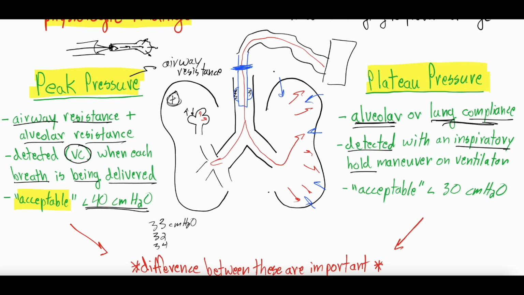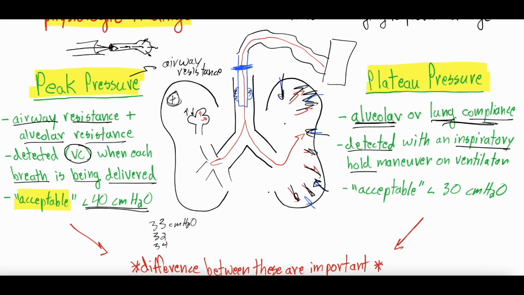Because as we said, the peak pressure is when we push air in, and part of the peak pressure is airway resistance, but the other part of the peak pressure is we have to inflate those lungs, right? And if we're saying plateau pressure is lung compliance, the force that the lungs are trying to push back in on that breath, you can think of the peak pressure as airway resistance plus lung compliance, plus the plateau pressure. The physiology there isn't perfect, but it's somewhat helpful in understanding these two things.